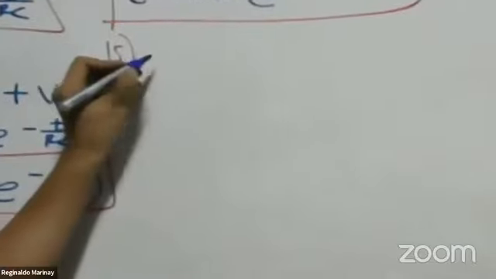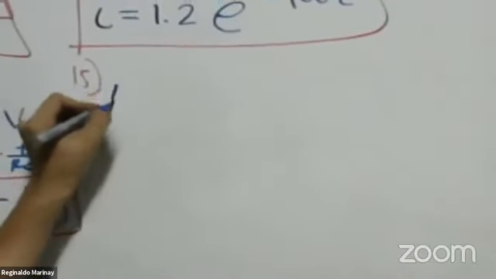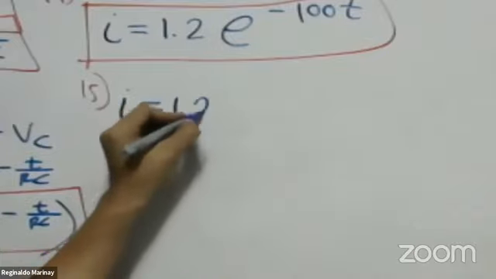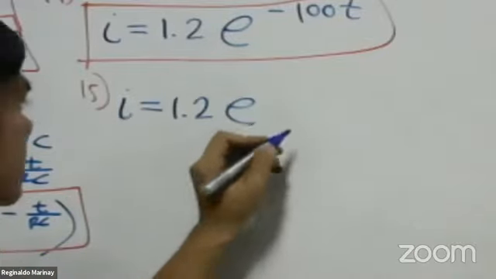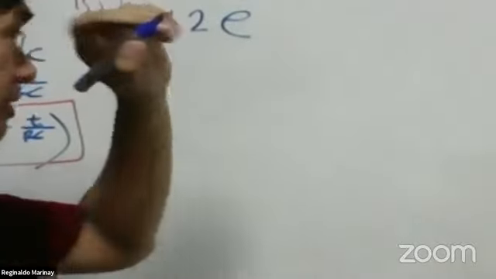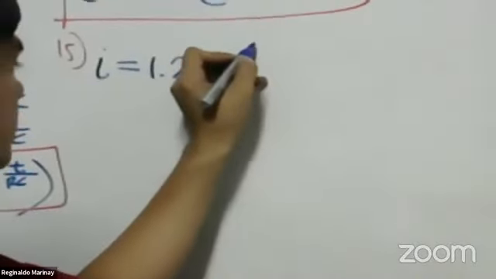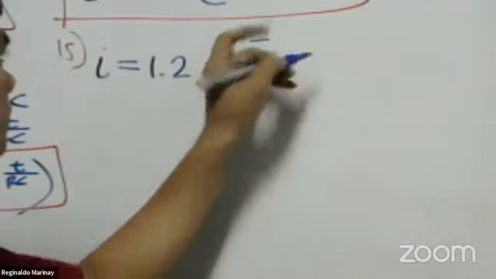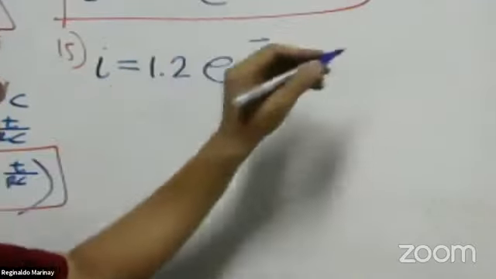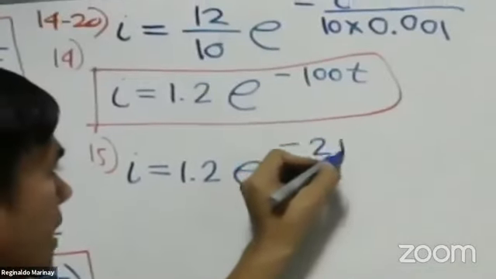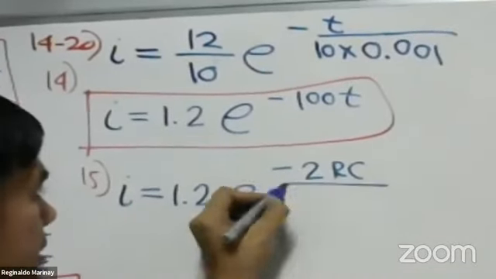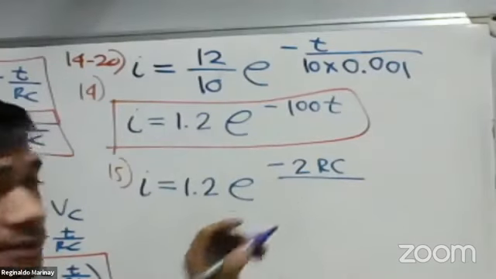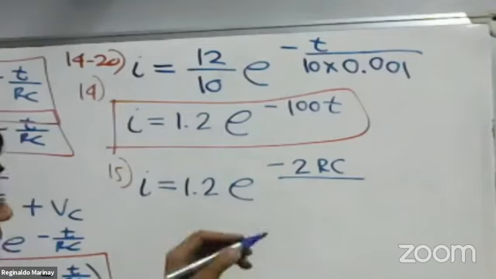So, we have here our I. That's equal to 1.2 e raised to negative t, where t becomes 2 time constants. So 2 times RC, isn't it? Because in the problem it says the time is 2 time constants, no? So that is why it is 2 RC.